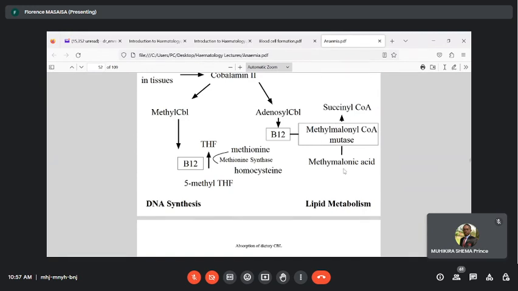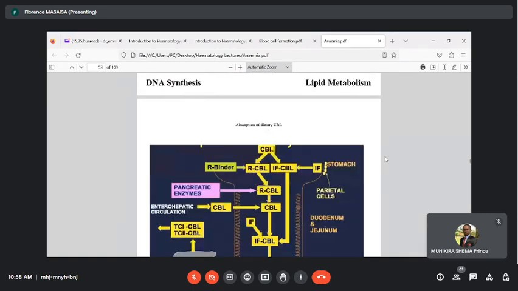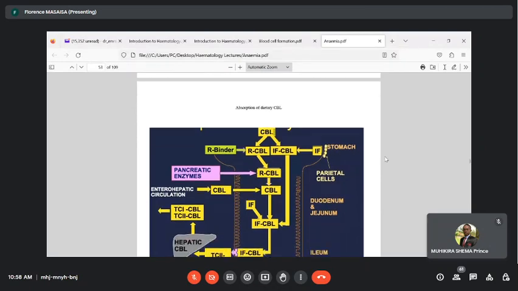So an increase of methylmalonic acid may be found in case of vitamin B12 deficiency, as it also plays a role in the metabolism of lipids. So what is going on with vitamin B12, which is a cobalamin?